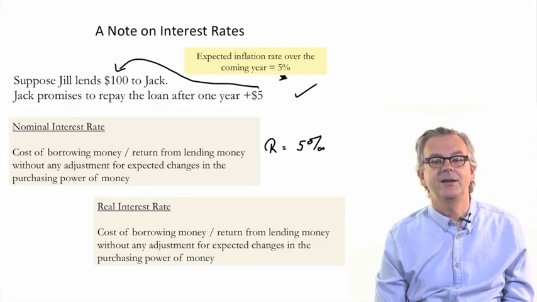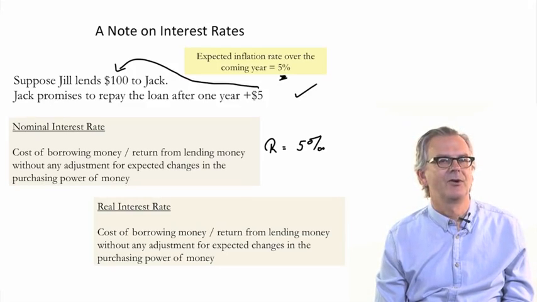Over the course of that year, if this expectation comes to pass, the general level of prices in the economy has increased by 5%. So the real purchasing power of any given amount of money has been diminished by 5%. In real terms, therefore, Jill is no better off.